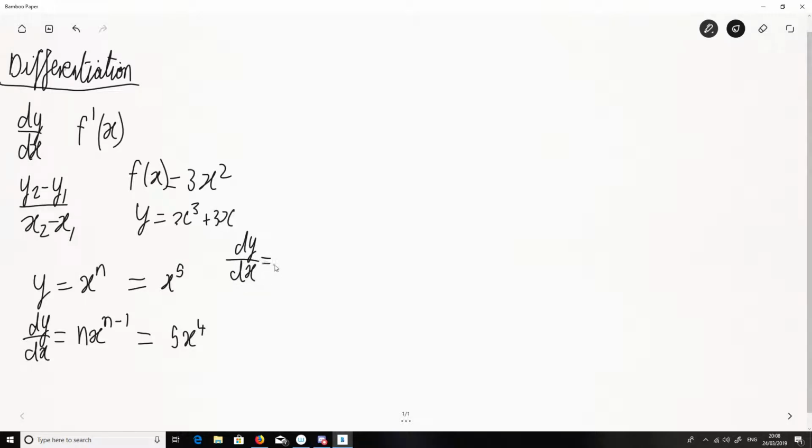So dy by dx equals 3x squared plus 3, because here you've got x to the 1, that's x to the power 1 like that. So times by 1 gives you 3x still, and then you get that turning to x to the 0, which equals 1.